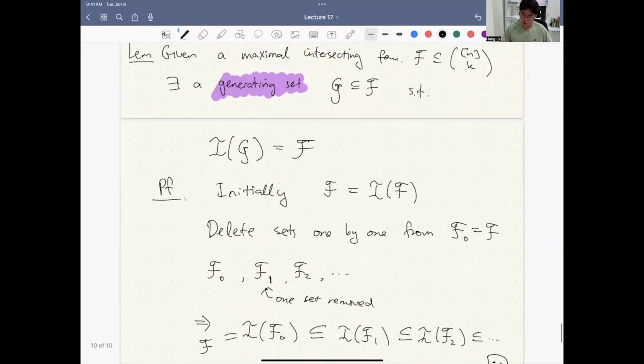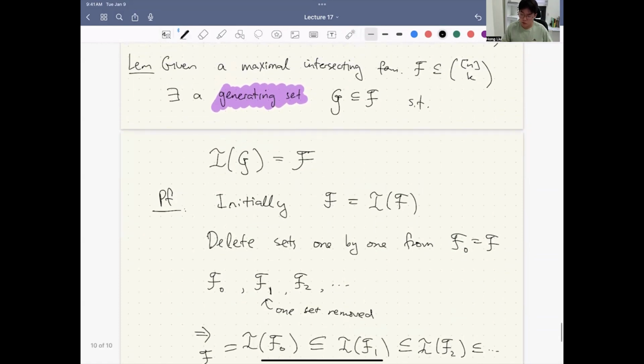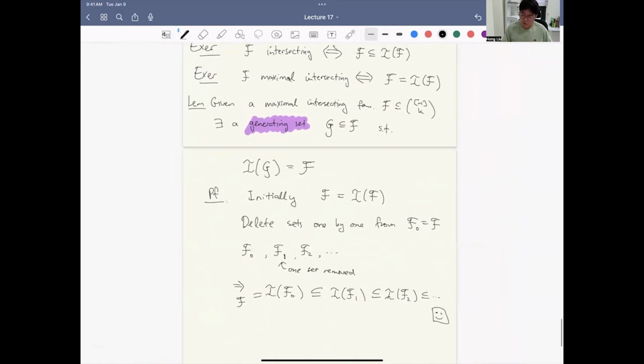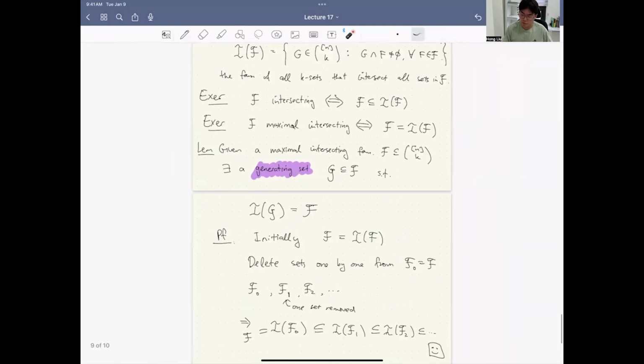Actually, what we will prove is that for every maximal intersecting family, we're going to map it to one of its generating sets.